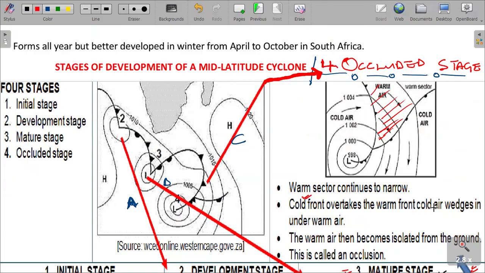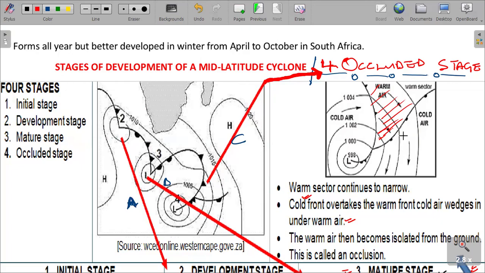The cold air wedges under warm air. I'm sure you can see this is the cold front here. It overtakes the warm front, and then it wedges itself under the warm air.